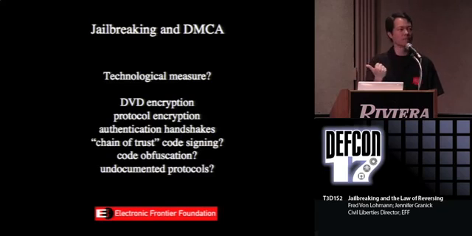Protocol encryption, probably a technical protection measure, came up in the context of RealMedia streams in a case back in 2001. Authentication handshakes, also probably a technical protection measure that should trigger your thinking about this. Chain of trust code signing, that's what Apple uses in the iPhone. I think there's a strong chance that a court would find that to be covered by the DMCA.